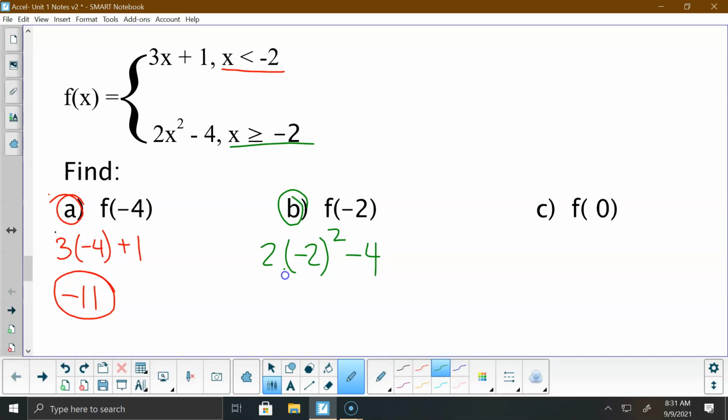You actually need to square this first. So what's -2 times -2? 2 times 4 minus 4. 2 times 4 is 8. Minus 4 gets me back to 4. Okay? Lots of 4s. 4 apparently is the number du jour. All right, try C real quick.